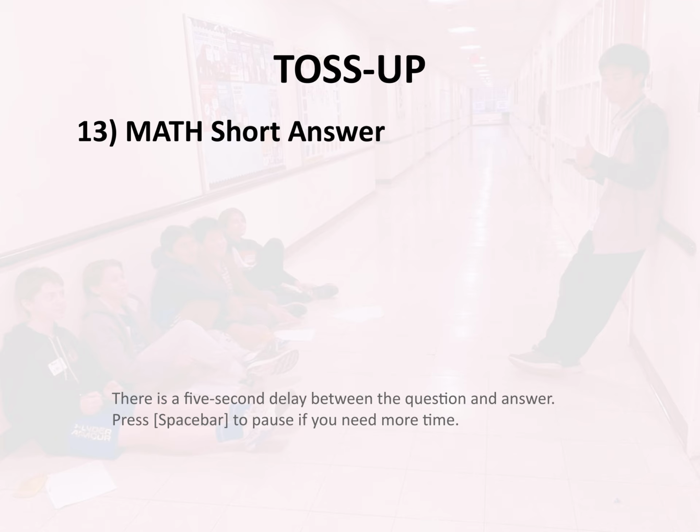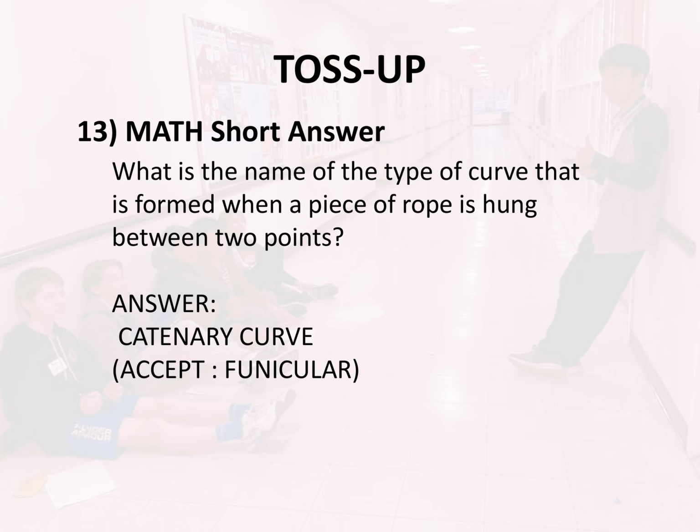Toss-up 13. Math. Short answer: what is the name of the type of curve that is formed when a piece of rope is hung between 2 points? Answer: catenary curve.